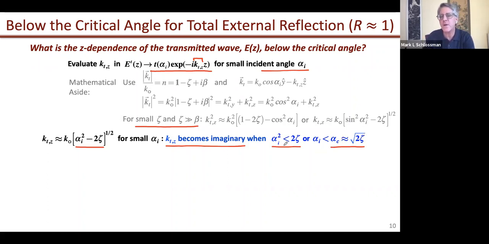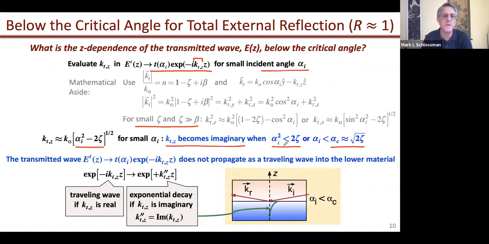So we can see that that corresponds to total reflection by looking at this exponential. We can see that if k is real, that leads us to a traveling wave because we have this minus I. But if k is imaginary, then we get exponential decay.